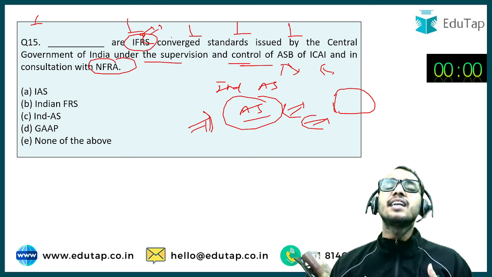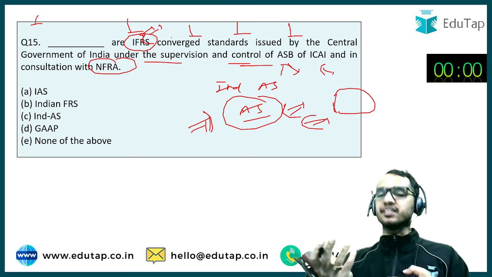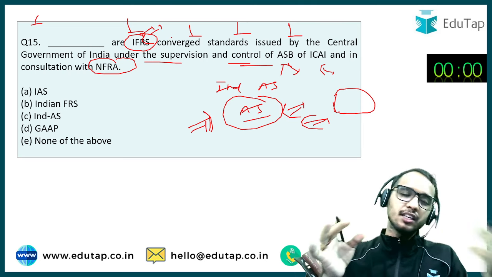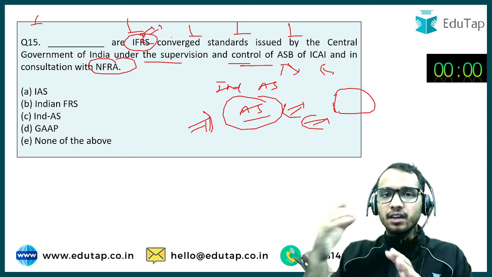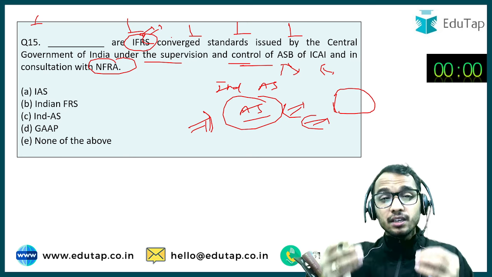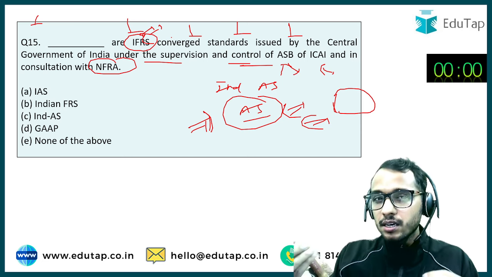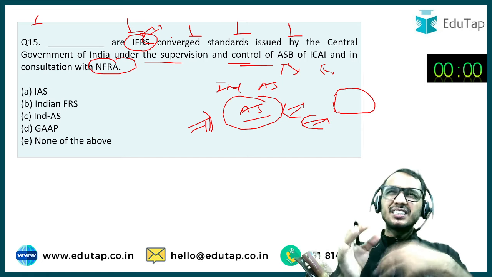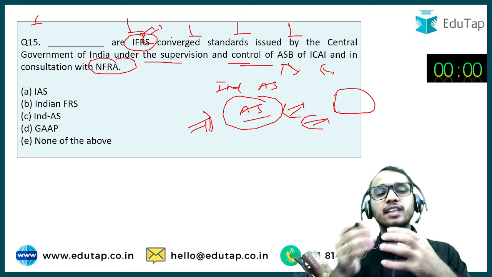Now India didn't adopt IFRS directly. What it did, Indian authorities like the government of India, in consultation with the Institute of Chartered Accountants of India, came up with their own accounting standards that are basically in consonance or in compliance with the IFRS.